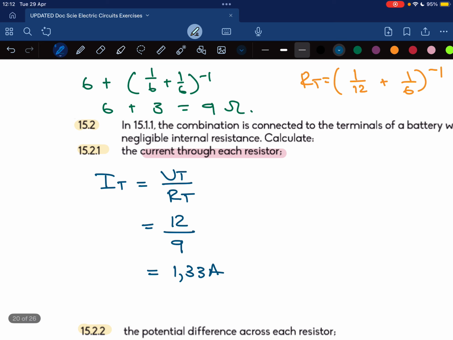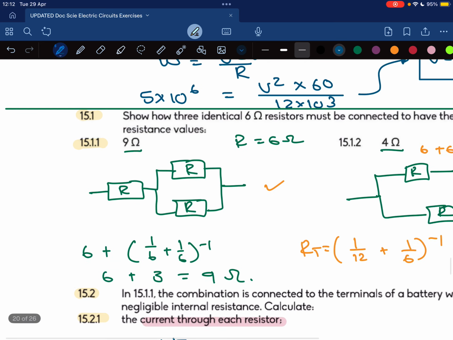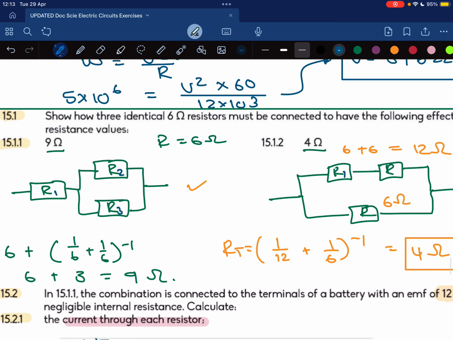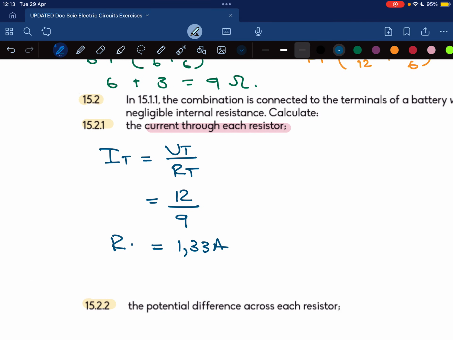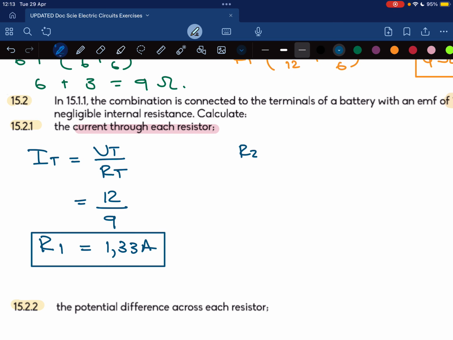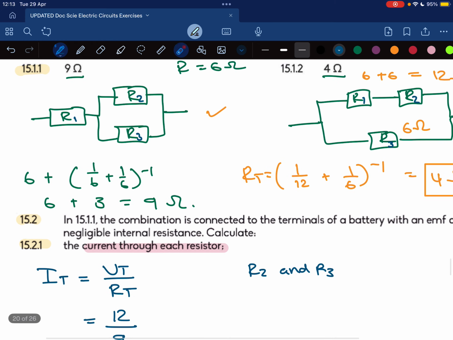Let's call this R1, R2, R3, and we'll also do R1, R2, R3. So R1 is going to have a current of 1.33 amps. Then R2 and R3 are going to have the same current because they have the same resistance.